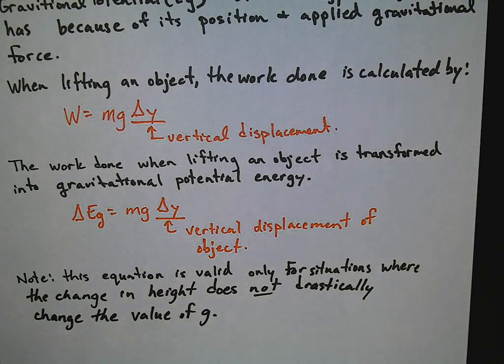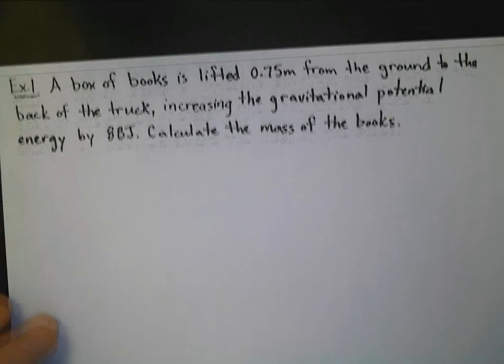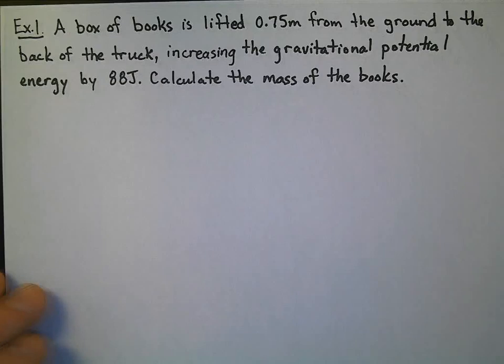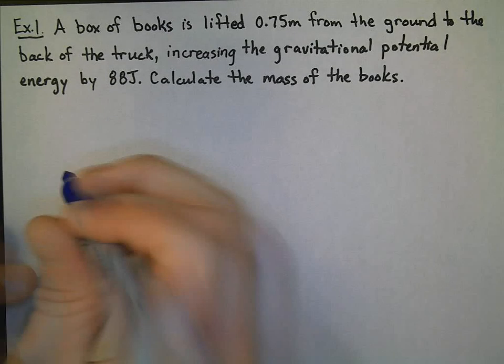Let us look very quickly at two examples. We see in example 1 that a box of books is being lifted 0.75 meters from the ground to the back of the truck, increasing the gravitational potential energy by 88 joules, and we're calculating the mass of the books.